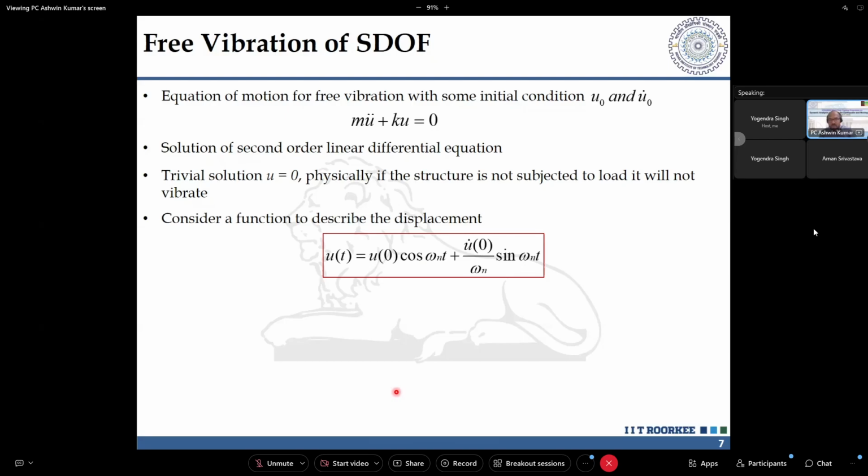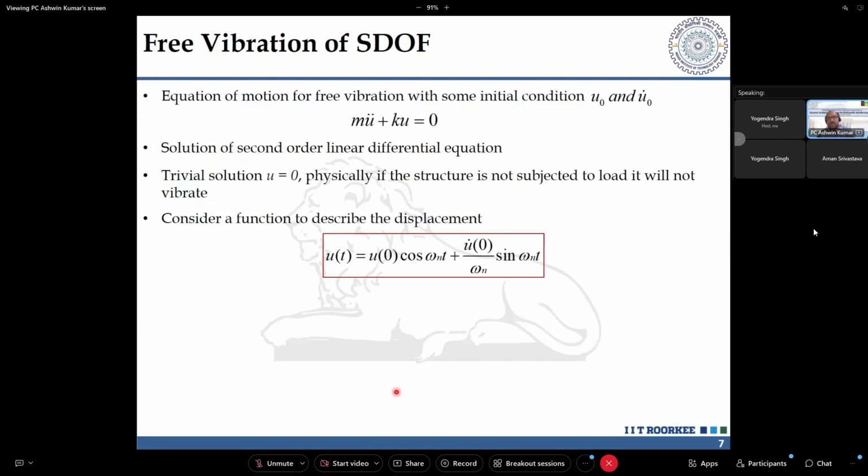So how we can do that is by assuming, I mean, we know the response is harmonic, we can assume a harmonic tentative solution for this particular equation by writing c1 sine omega t plus c2 cos omega t, omega being the natural frequency of the system. And then you solve this equation using the initial conditions, that is, maybe you have given it some initial displacement or initial velocity.